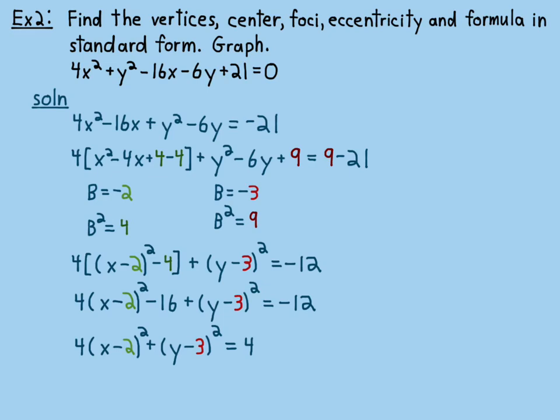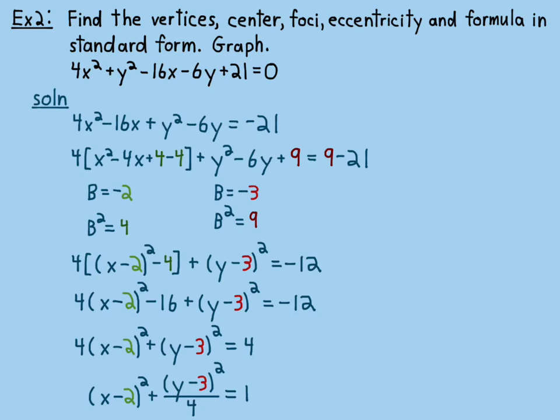Now this is not standard form yet because I need to have a 1 over here on the right side. It has to equal 1. So I need to divide both sides of the equation by 4, which amounts to dividing each term on each side of the equation by 4. So I get the quantity x minus 2 squared, plus the quantity y minus 3 squared divided by 4 equals 1.